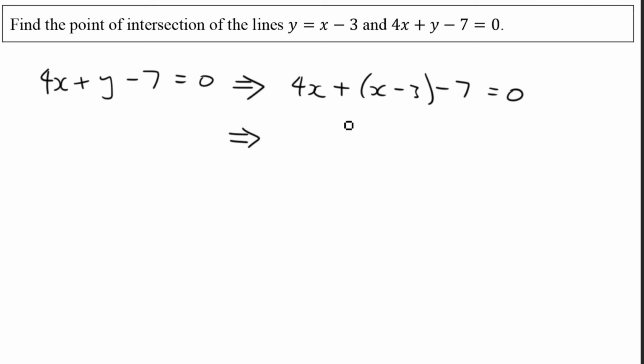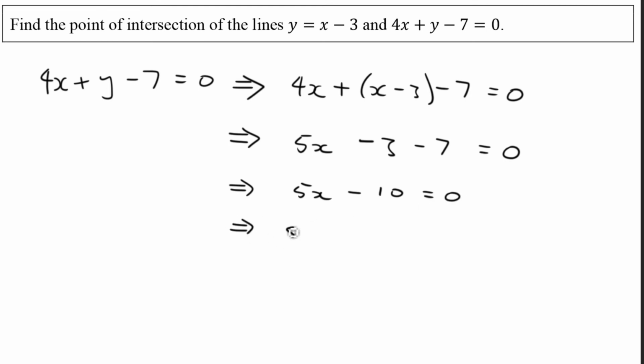We've got 4x plus another x, so 5x, minus 3 minus 7 is 0. In other words, 5x subtract 10 is 0, which means that 5x is 10, which means that x is 2.